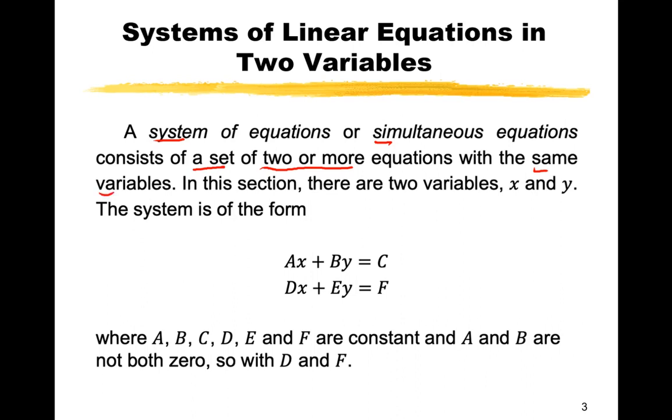So in this case, because two variables ang concern natin, we'll be dealing with variables x and y. And the system is of the form, this one, yung general form natin ng linear equations in two variables as discussed previously. Then, ito, where A, B, C, D, E, and F are constants.